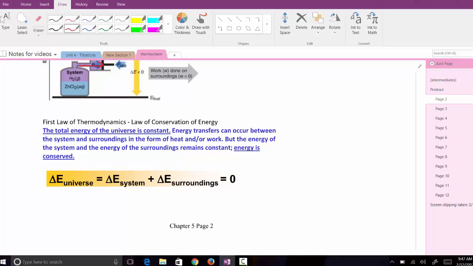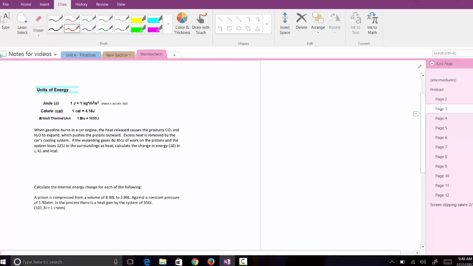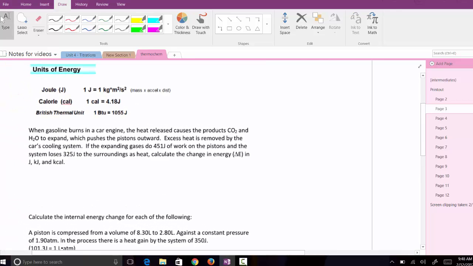So our delta E for the system is going to be equal but opposite in sign to the delta E for the surroundings. So that's why when we add those two things together, we always get a net change of zero. That's conservation of energy.